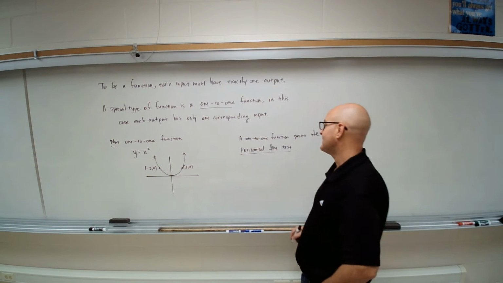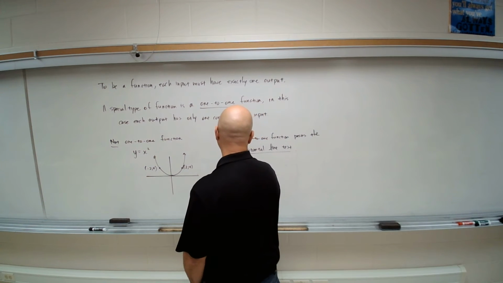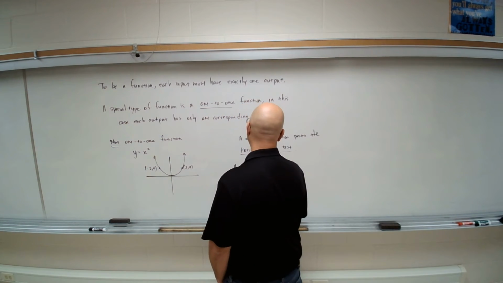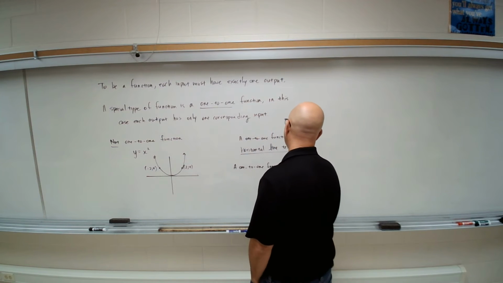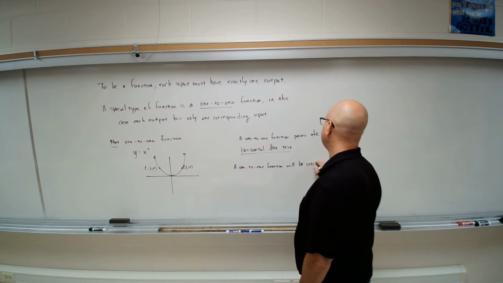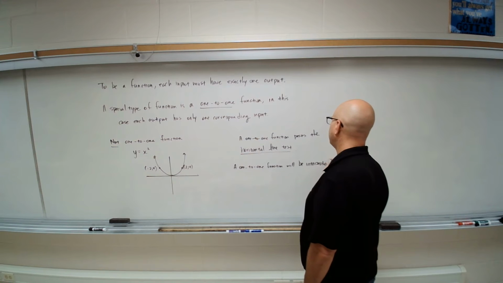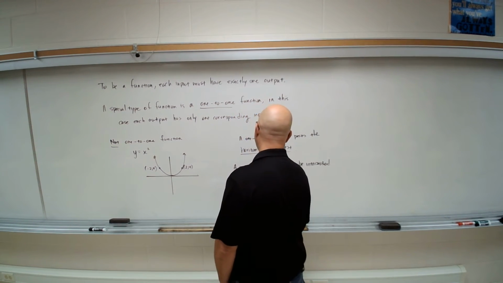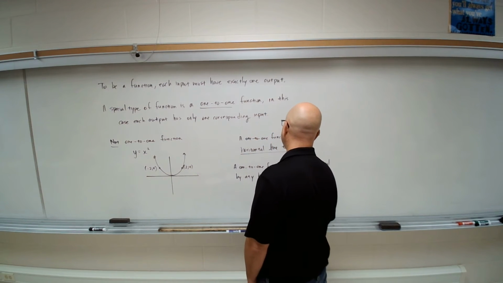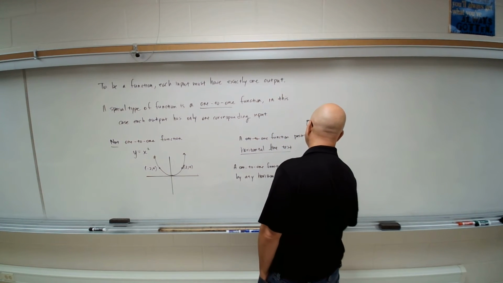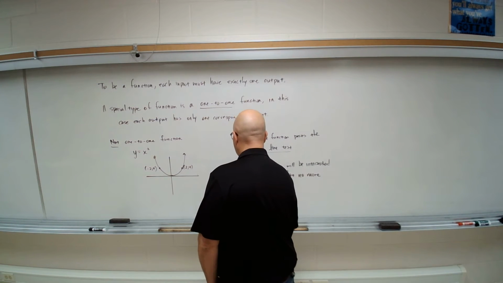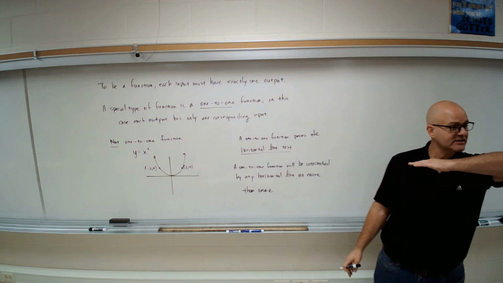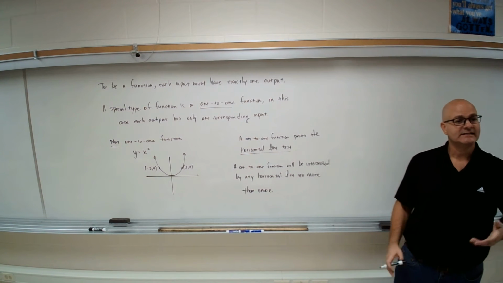And what this says is a one-to-one function will be intersected by any horizontal line no more than once. So if any horizontal line can hit it more than once, it's not one-to-one.